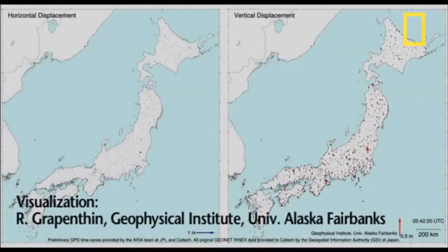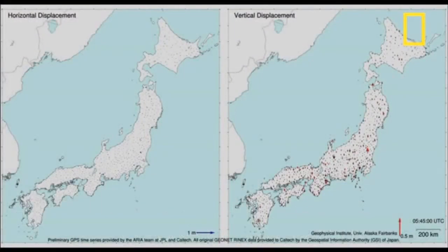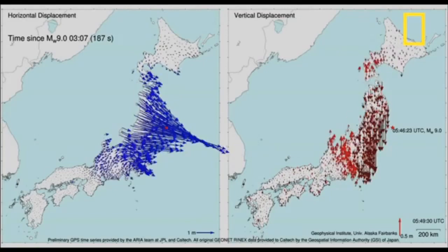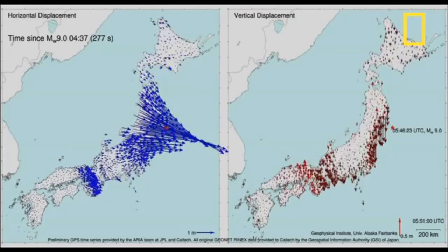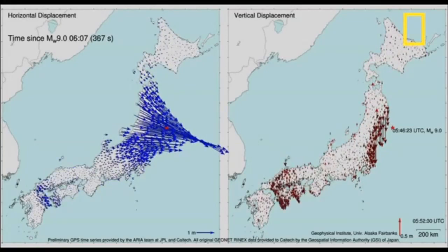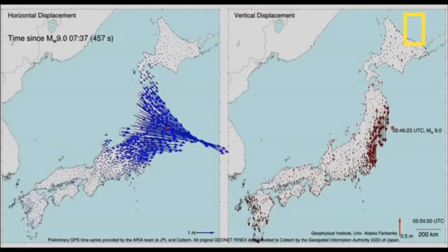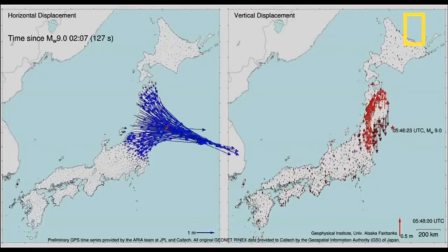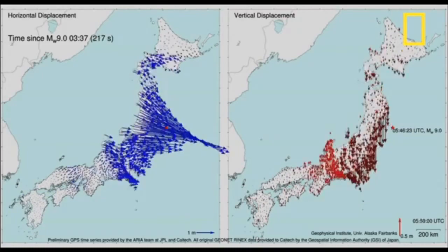Japan may be the most seismologically studied country in the world, and with more than 1,200 high-precision GPS stations, a geophysicist at the University of Alaska used the data to create a visualization of the March 11 quake. The waves of displacement that you see were moving as fast as 5 miles per second.